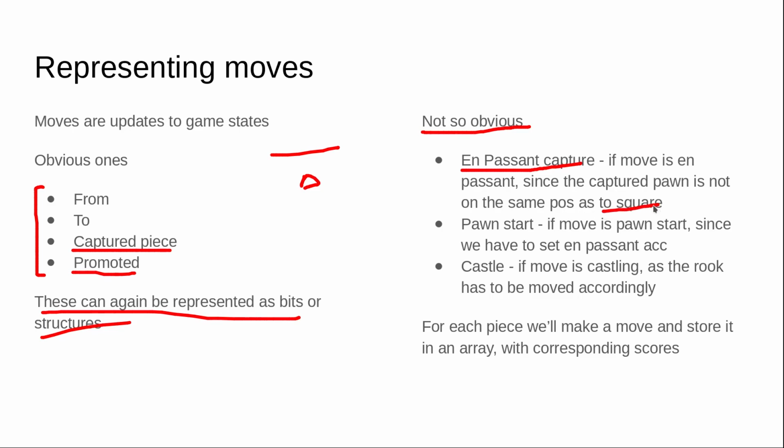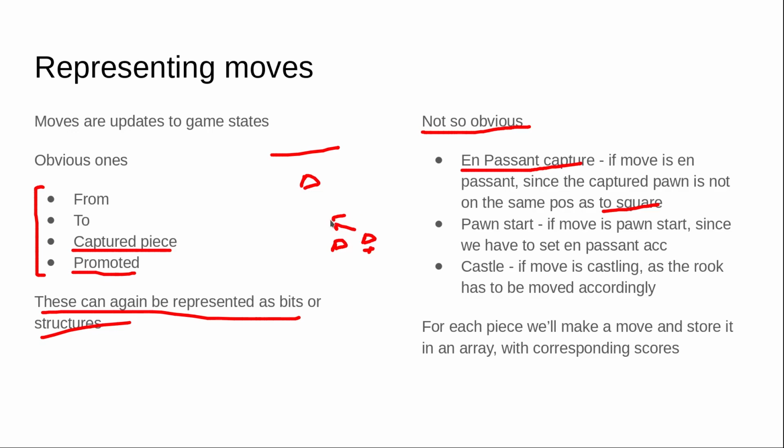So if a pawn is over here and the other one is here, and I do an en passant capture, the captured pawn is not on the same position as the final position this pawn would be moving to.